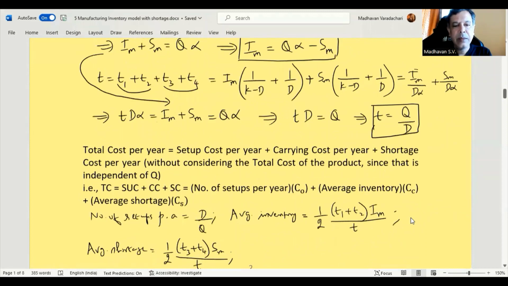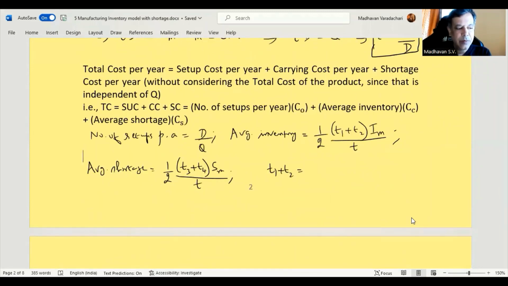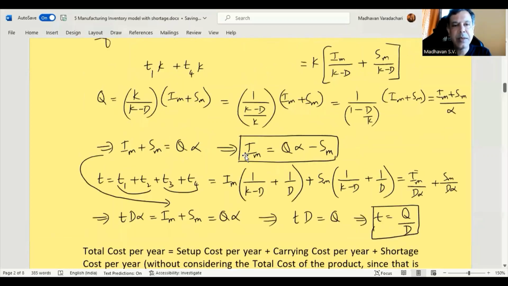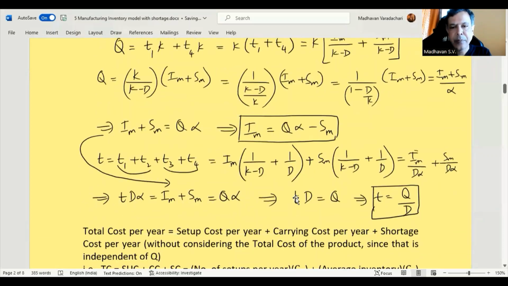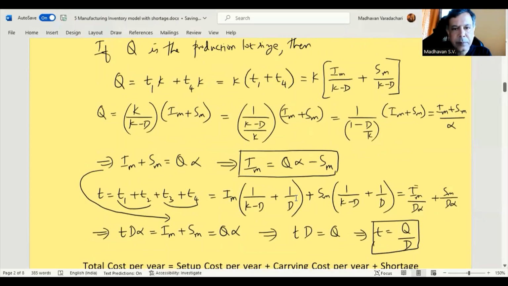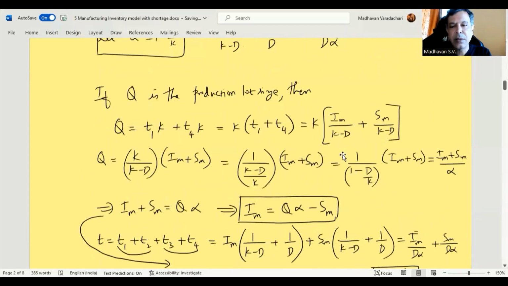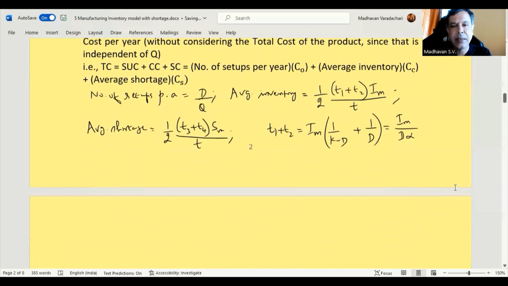So T1 plus T2 will be IM times 1 by K minus D plus 1 by D, which will become IM divided by D alpha. So the D alpha will come in the denominator.